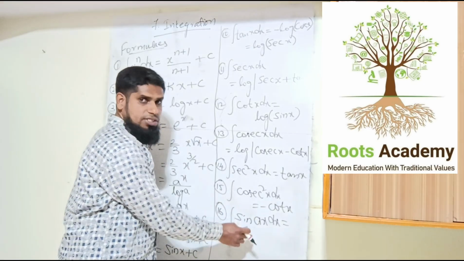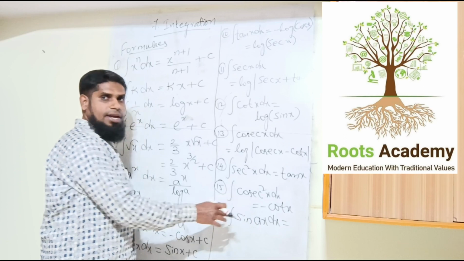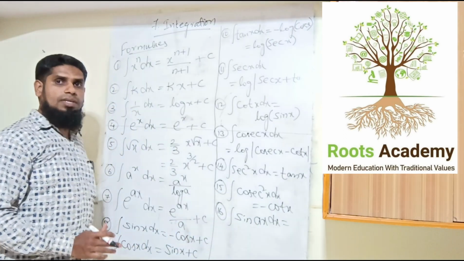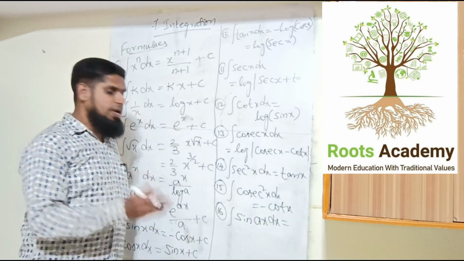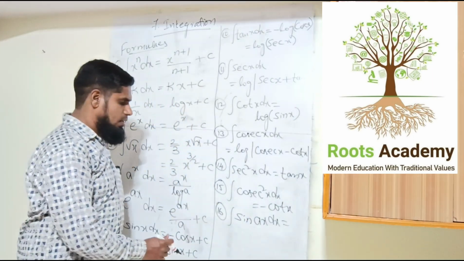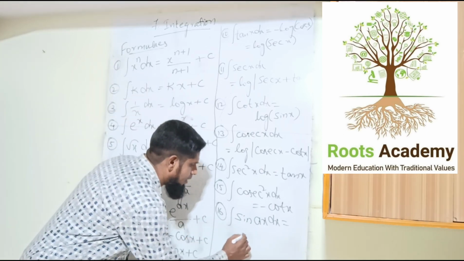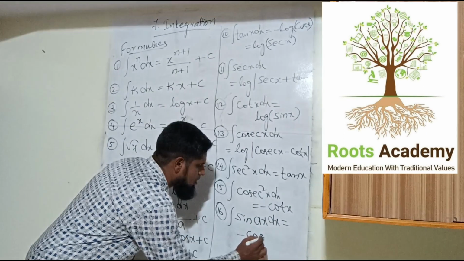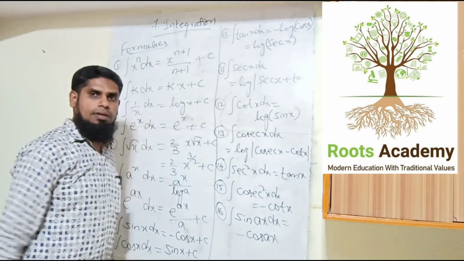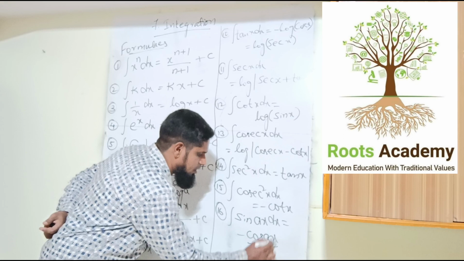Now in integration, whatever multiple angle comes here, whether it is negative or positive, must come in the denominator of the integral. That is, the integral of sin ax is minus cos ax, and since a is multiplied to x, that must come in the denominator.